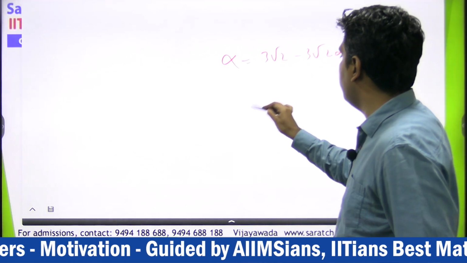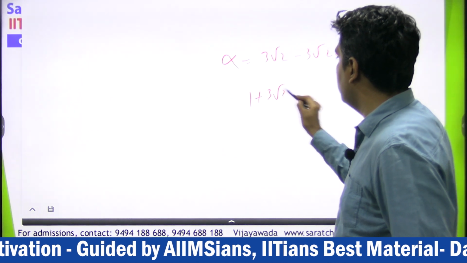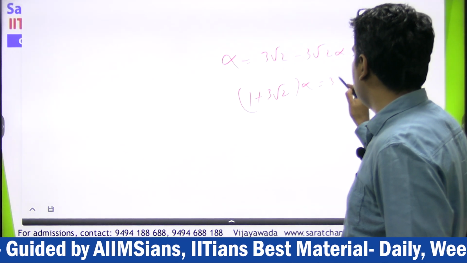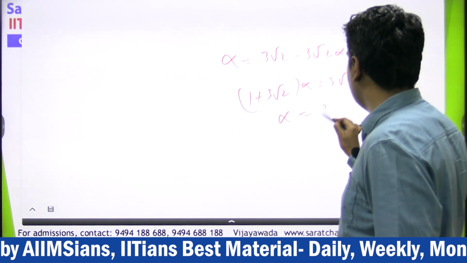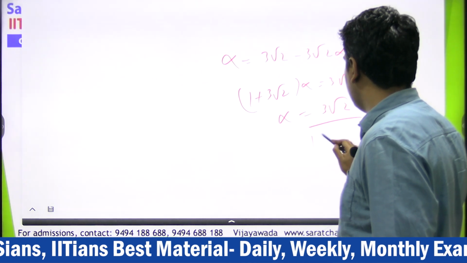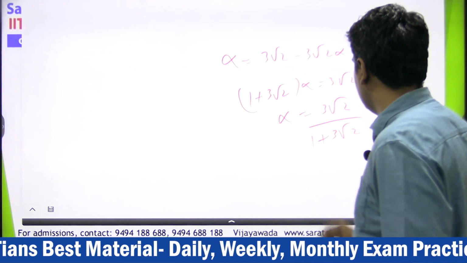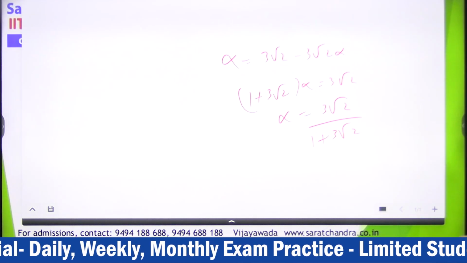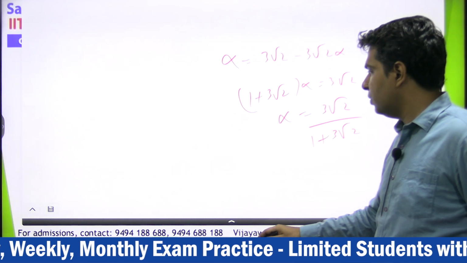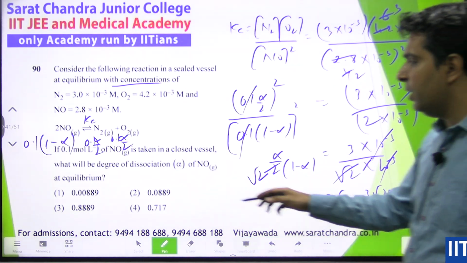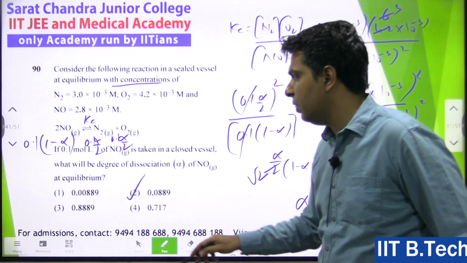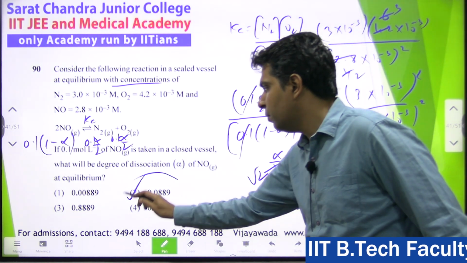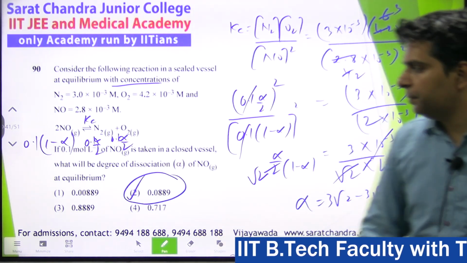So if we have to solve, 1 plus 3 root 2 alpha is equal to 3 root 2. So alpha will come out to be 3 root 2 upon 1 plus 3 root 2. So putting the value of root 2, the value of alpha will come out to be 0.0889. So answer will be second option, 0.0889.